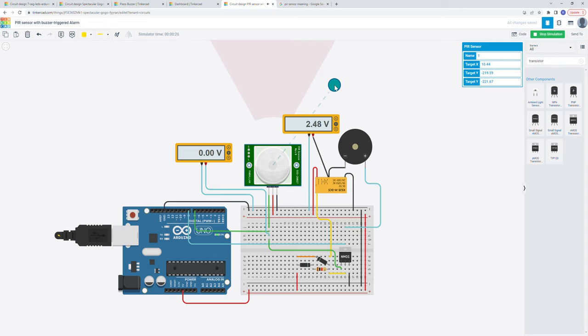So once we're out of the vicinity, there is no alarm. Only once the circle, which acts as an intruder, comes into the perimeter of the sensor, then the alarm is triggered.